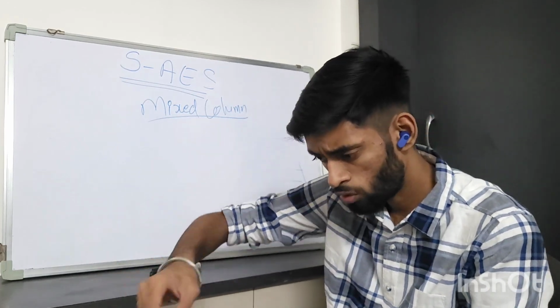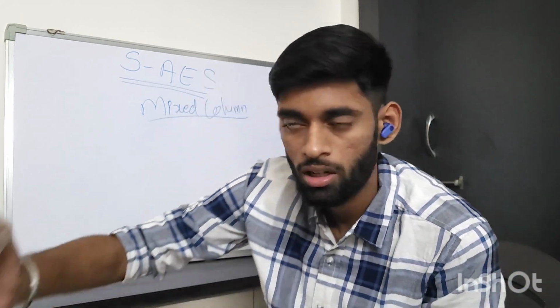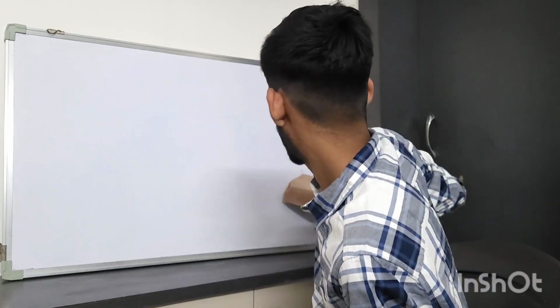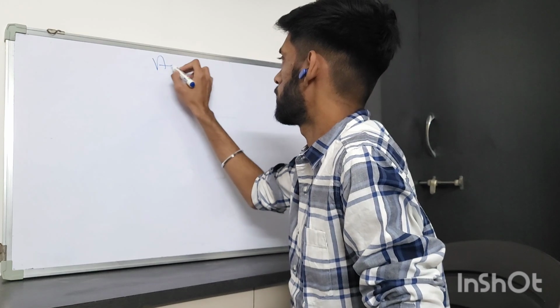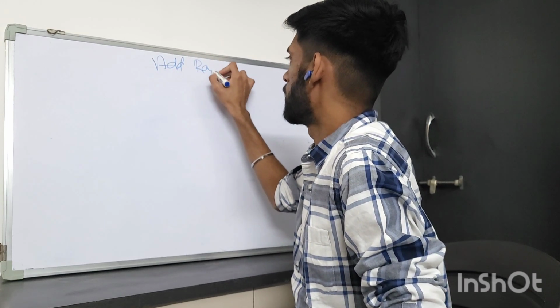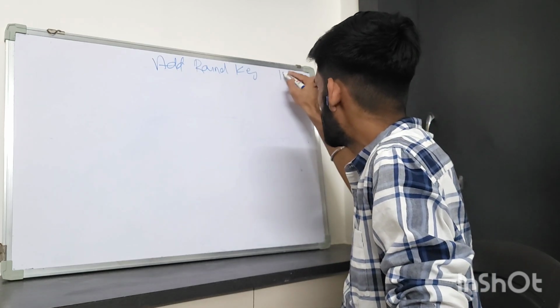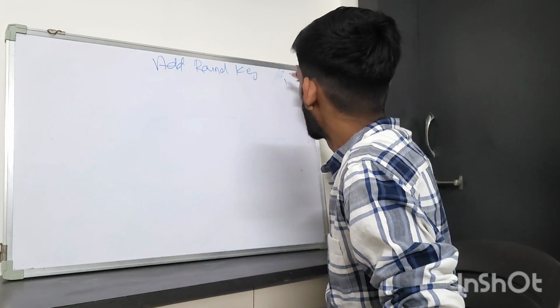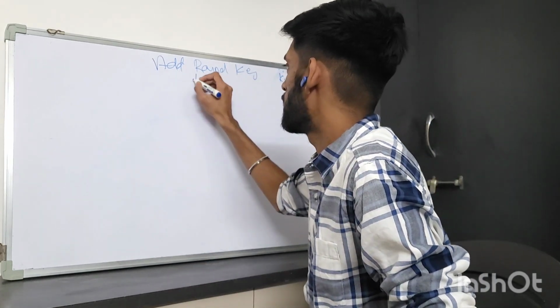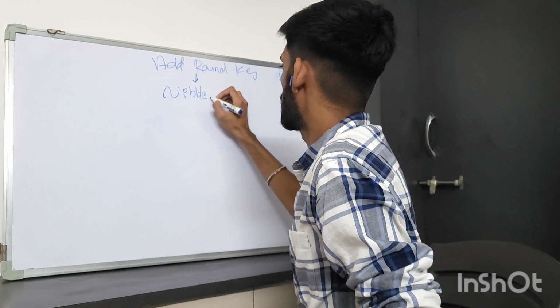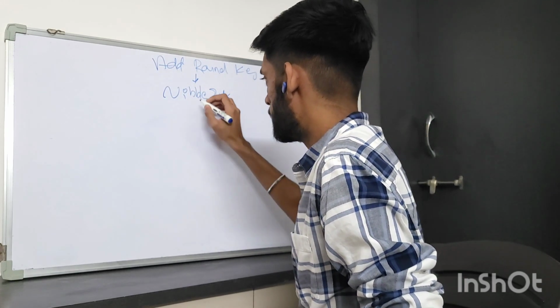Let me give you a quick scenario of how these operations are applied. First of all, we apply the add round key operation. The first operation that we apply is add round key, which is done with the key K1. Then we apply nibble substitution.